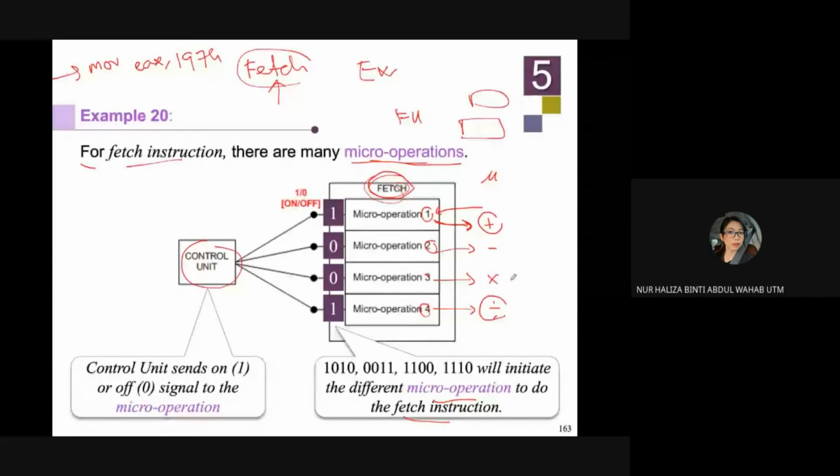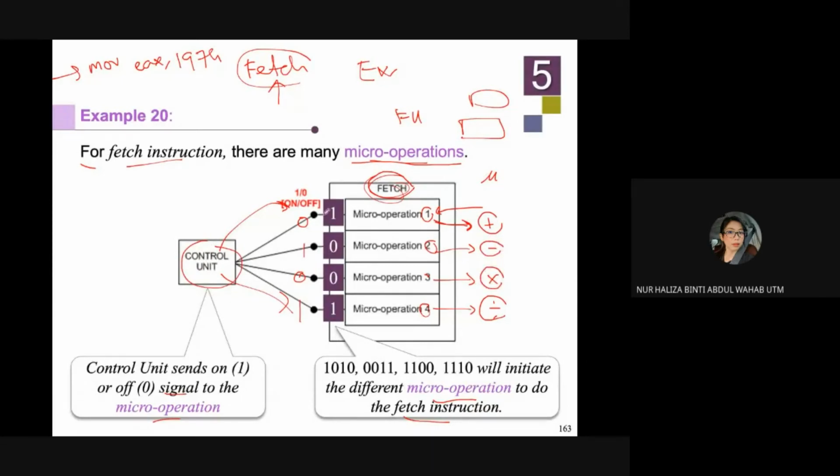So the control unit sends 1 and 0 signals to your micro operations. The control unit is the one that instructs. If you have 0101, the control unit will assign your fetch to do subtraction and multiplication only.